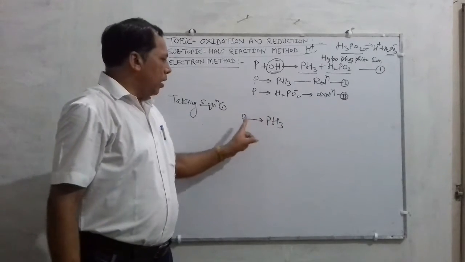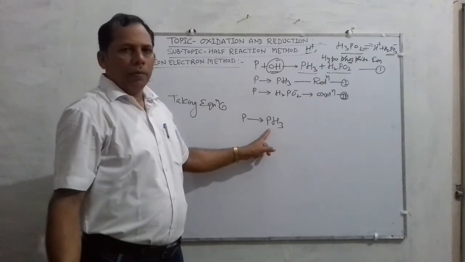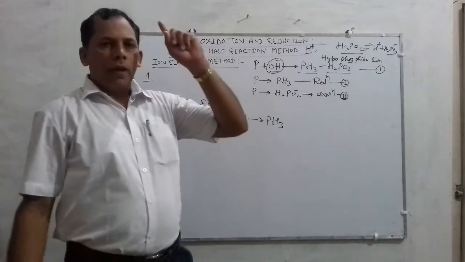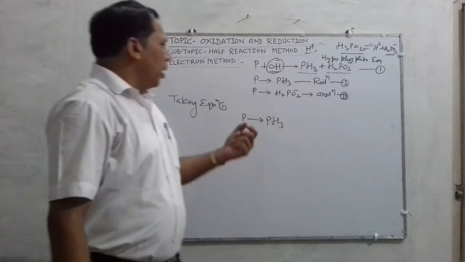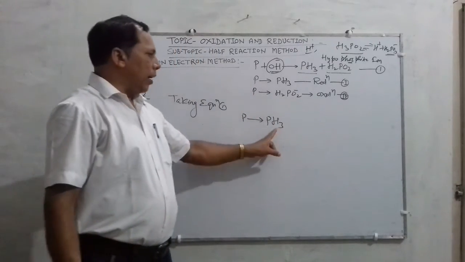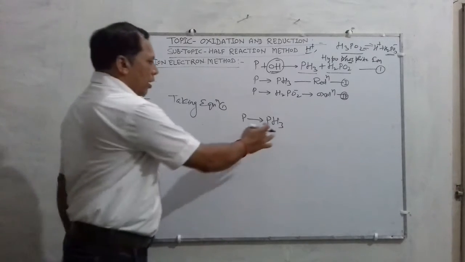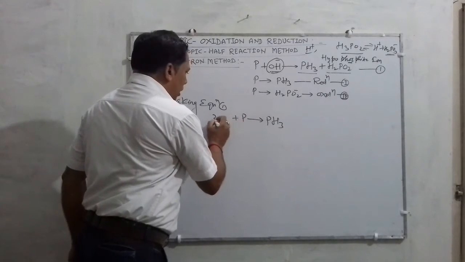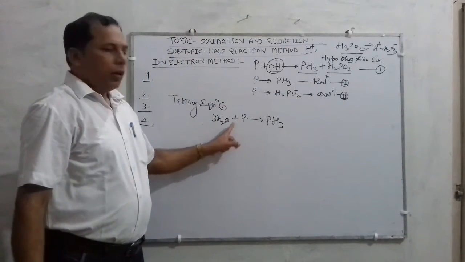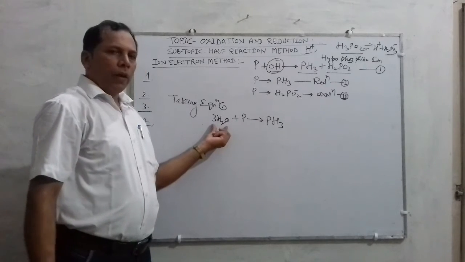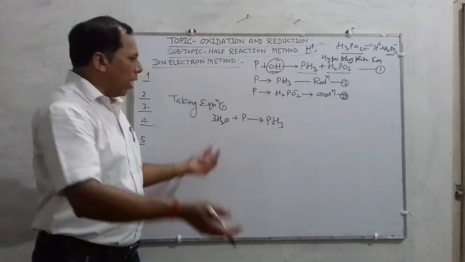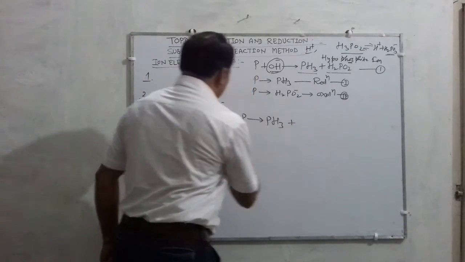There is one phosphorus, no problem, balanced. There are 3 hydrogens, so according to the rule, for balancing hydrogen atoms, the same number of water molecules are added on the reverse side. So add 3 H2O molecules here. For balancing oxygen atoms, the same number of hydroxide ions are added on the reverse side.